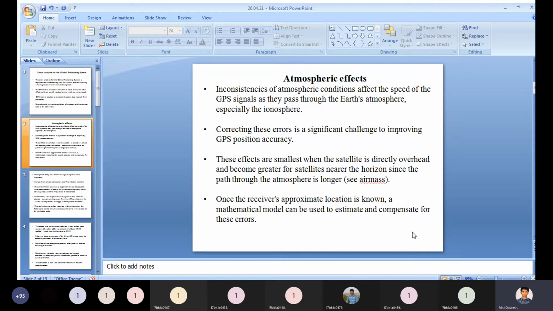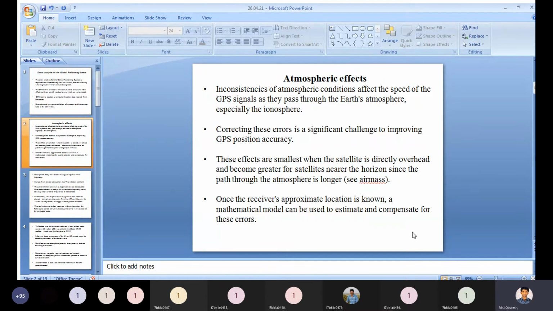The speed of the GPS signals will be matched with the ionosphere layer range, suitable only for that ionosphere layer. It should be matched with the ionosphere.